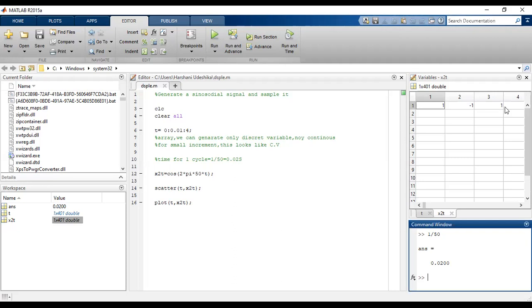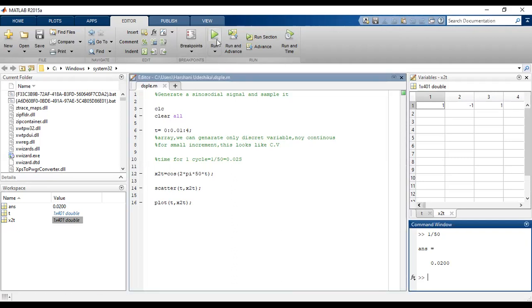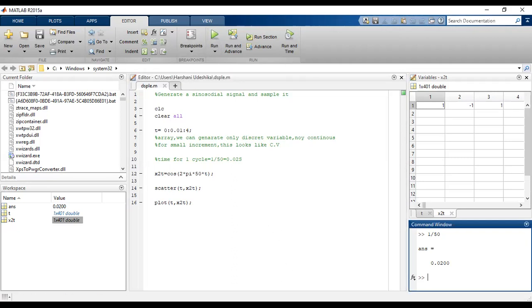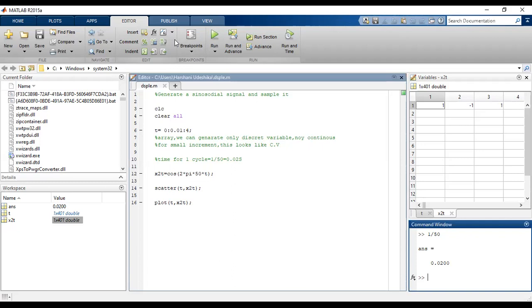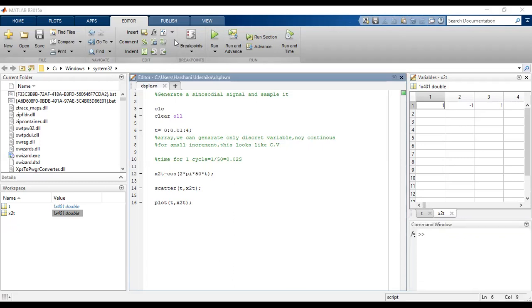One minus one, 1 minus 1. Okay, it is correct. But when I draw, what happened? Now it is okay, no? But if I put here, sorry. If I put 0.5 — previously I used 0.5, okay?